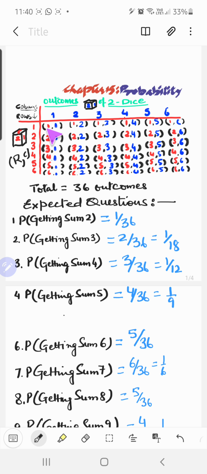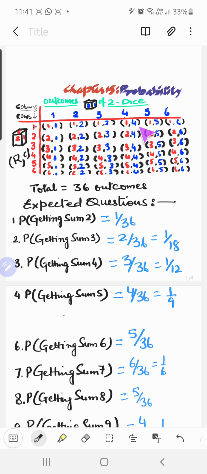So children, this is 1 for this, 1 for this. Red die first, blue die second. So first 1 and 1, then 1 and 2, then 1 and 3. You will always write the number appearing in the row first and the number appearing in the column second.